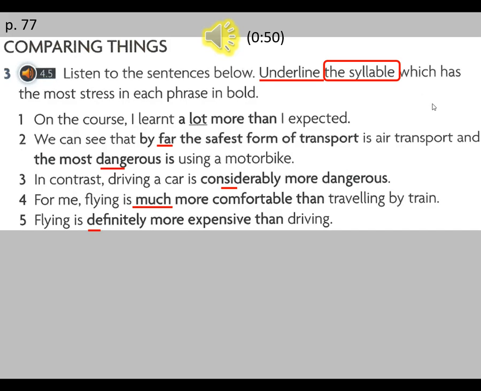In contrast, driving a car is considerably more dangerous. 4. For me, flying is much more comfortable than travelling by train. 5. Flying is definitely more expensive than driving.